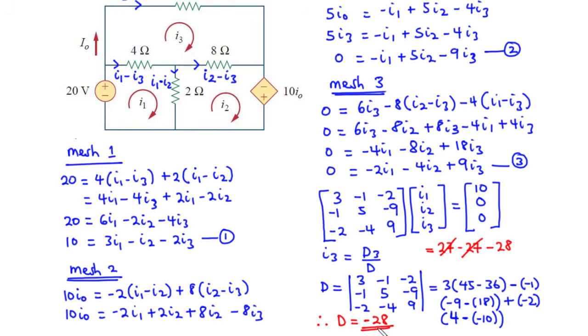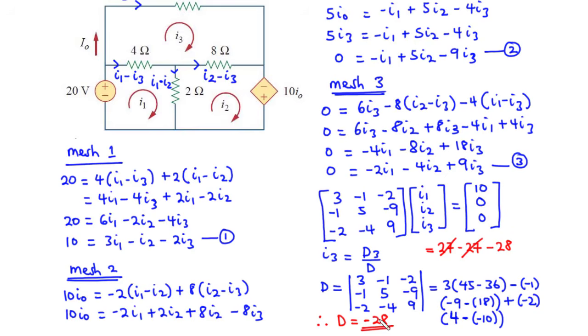So for D3, we are going to maintain column 1 and column 2, and then substitute column 3 for the constant 10, 0, 0. So for column 1, we have the values 3, -1, -2.